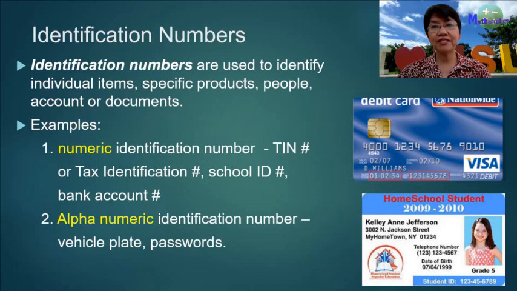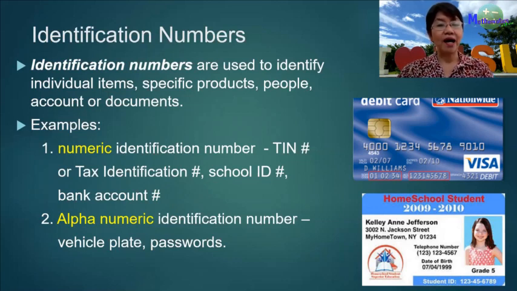In a tax identification number, we only have all numbers. And school ID. A student is assigned his number in a school when he enrolls. And then bank account. We have numbers assigned to us for our bank account.